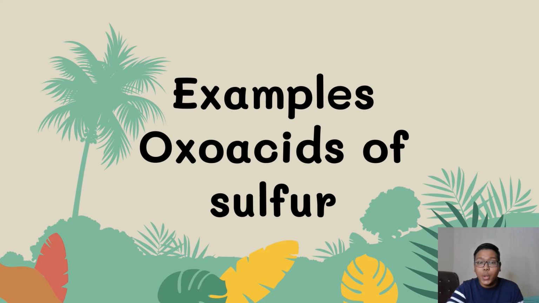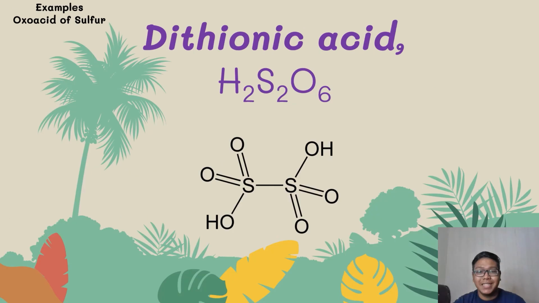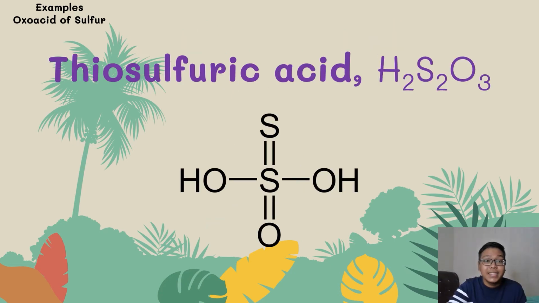Examples of oxoacids of sulfur. The first example is sulfuric acid, H2SO4. You can look at this structure, sulfuric acid. Next, dithionic acid, H2S2O6. Next, thiosulfuric acid, H2S2O3.